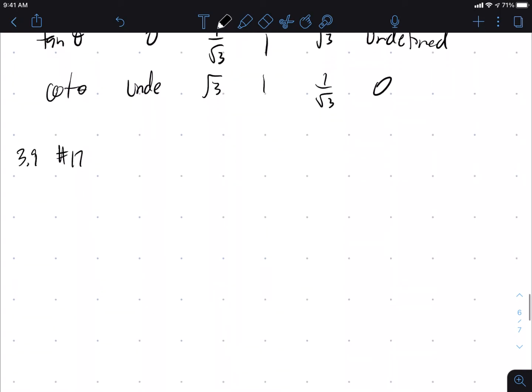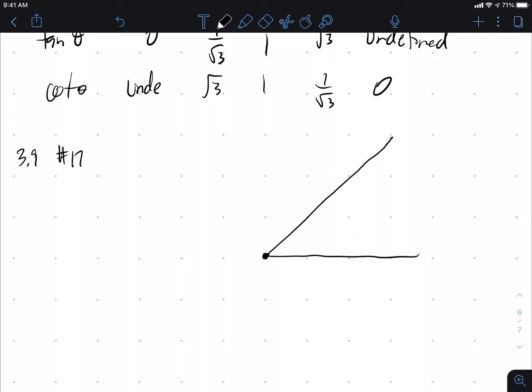Okay. So my problem says 2 people start at the same point. One walks east, and the other walks northeast. So one walks east, one walks northeast.